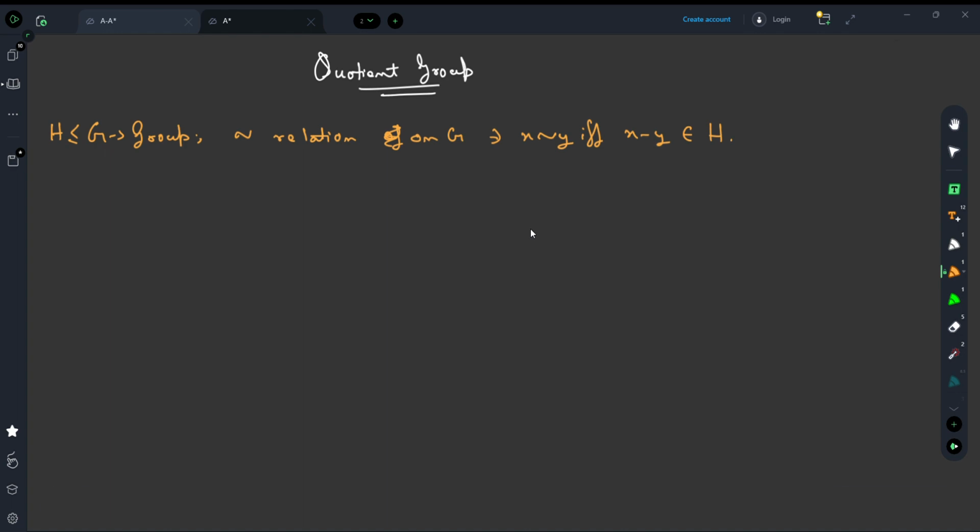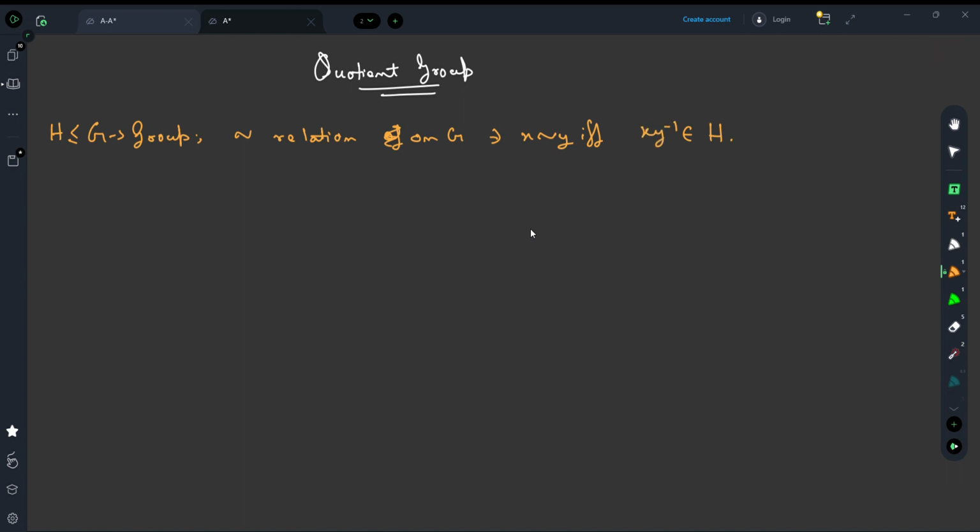You can verify it. It's very easy to do so because every element will be equivalent to itself, as 0 is inside every subgroup. Rather, let me follow the standard multiplicative approach, because ordinarily we use the multiplicative notation for groups.